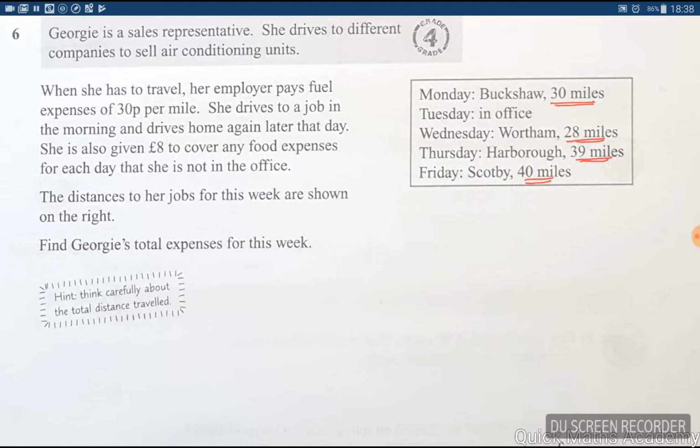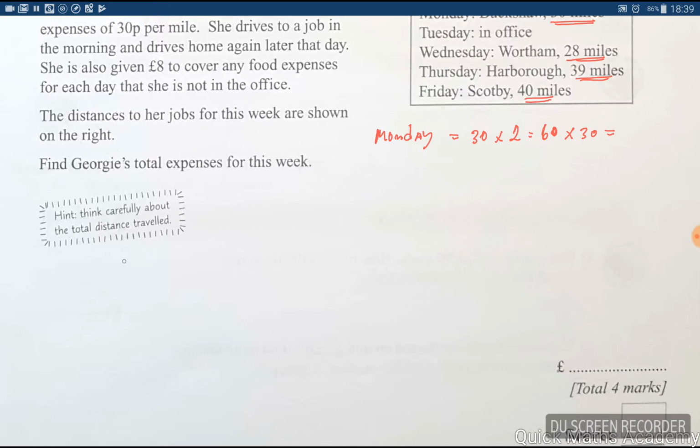Okay, so let's say on Monday we have 30 miles times 2, which is 60 miles, and those 60 miles are paid at 30p per mile. So I'm going to multiply 60 miles by 30p. I'm going to do it here, 60 multiplied by 30.